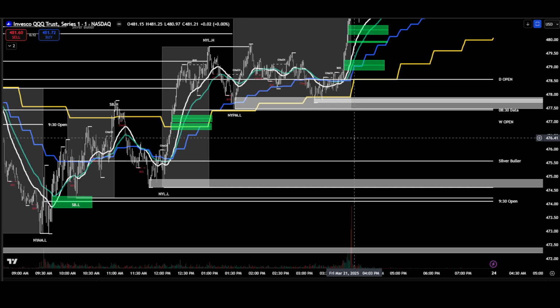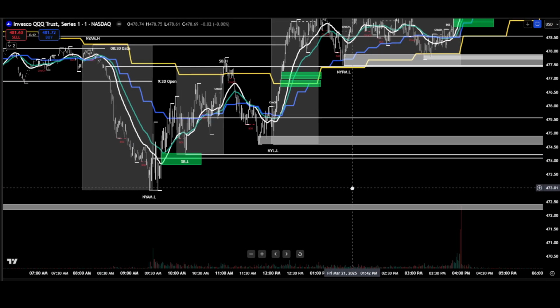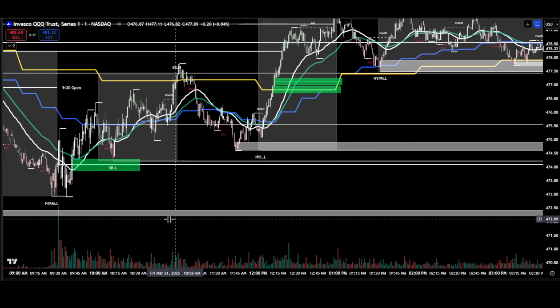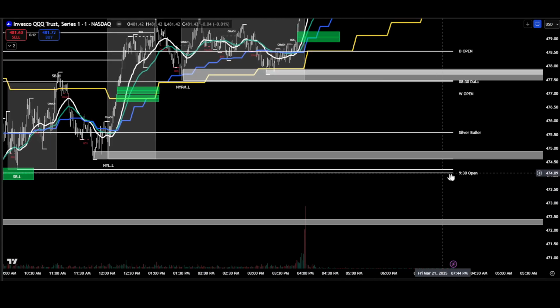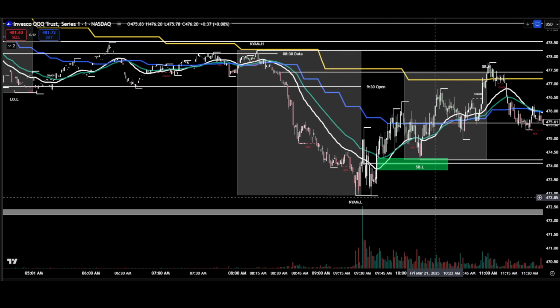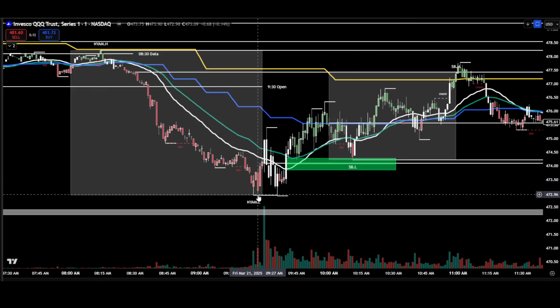Okay, 9:30 would be our bear pivot. Below 9:30, we would target sell side liquidity levels, or we would target order blocks or any fair value gaps that haven't been touched yet. And so you see here, we have our 9:30 open, and price drops through it a little bit, and it goes down to test this sell side liquidity level.